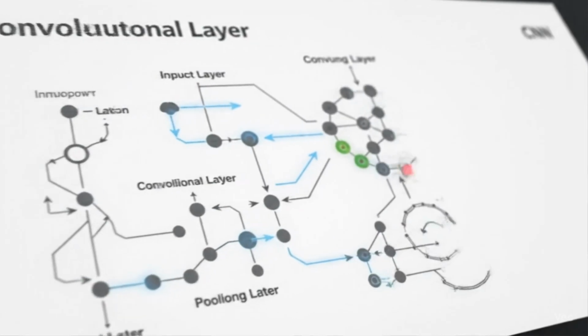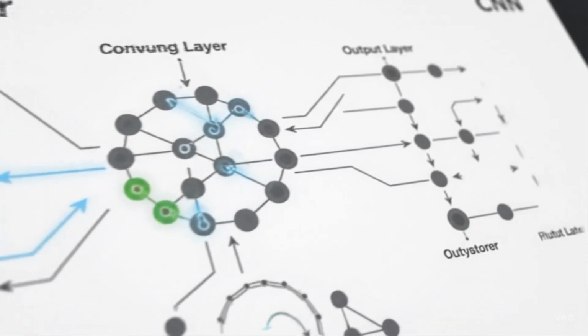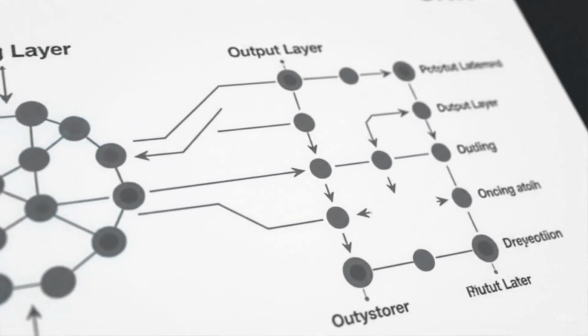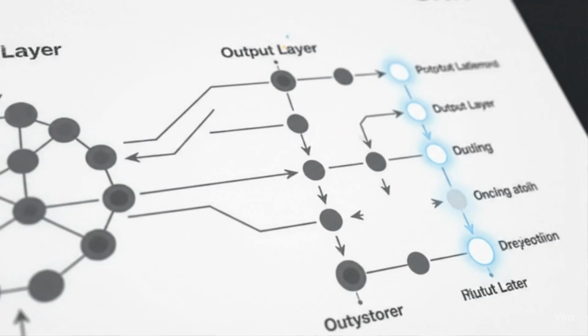This extraction happens through convolutional layers, which, as mentioned earlier, are the core building blocks that help the network see and understand images. Think of them as special tools that scan an image to pick out important details, like a detective looking for clues. These convolutional layers apply learnable filters, which are like small magnifying glasses that slide over the image to find specific patterns.